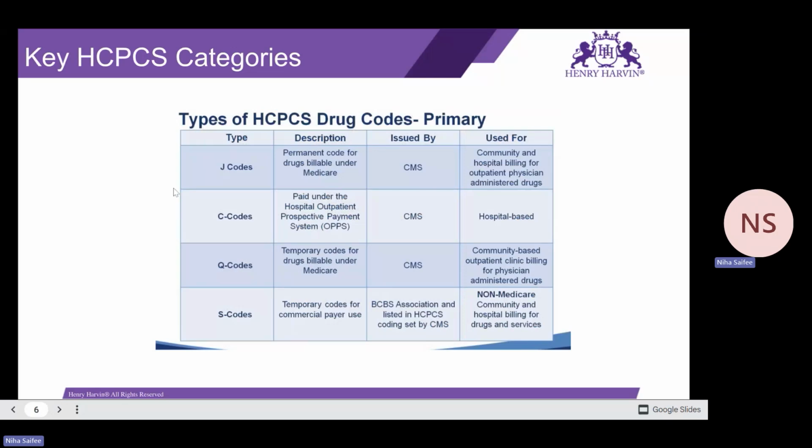Like you have the J codes. J codes are permanent codes for drugs billable under Medicare, again issued by CMS because it's HCPCS, used for community and hospital billing for outpatient physician-administered drugs. In hospitals also you have an OPD, outpatient.